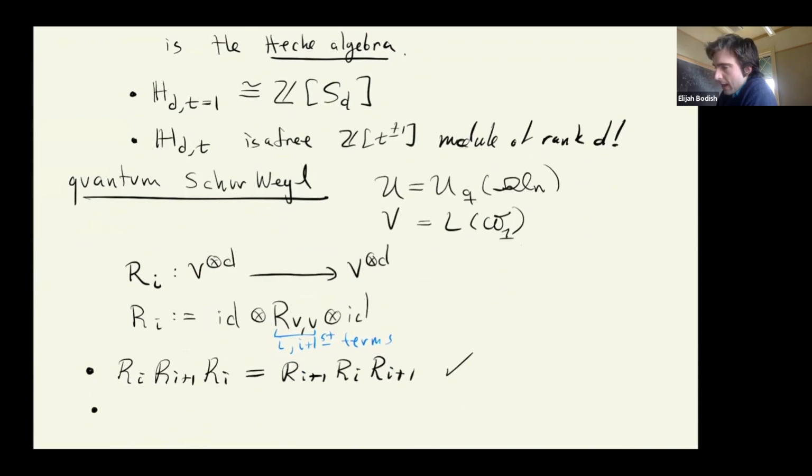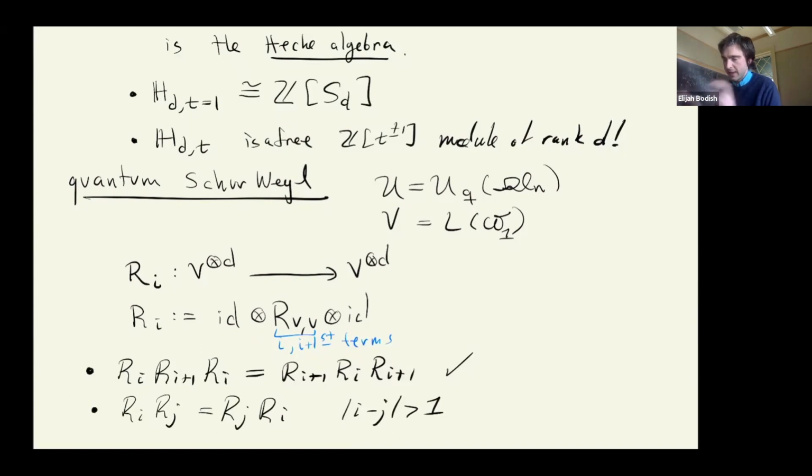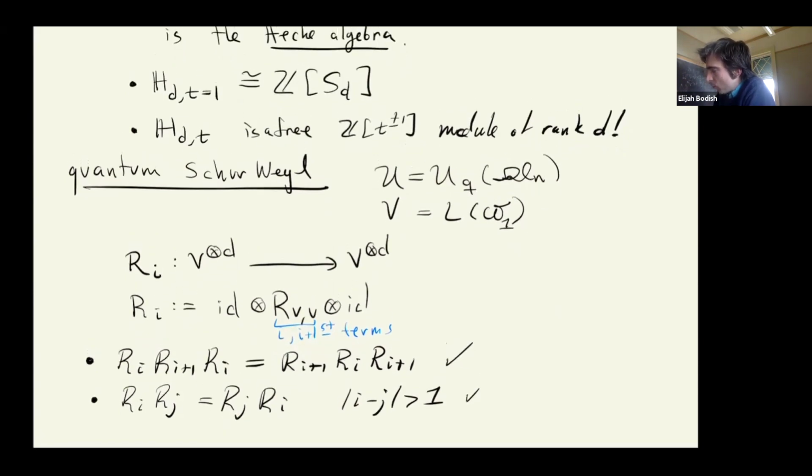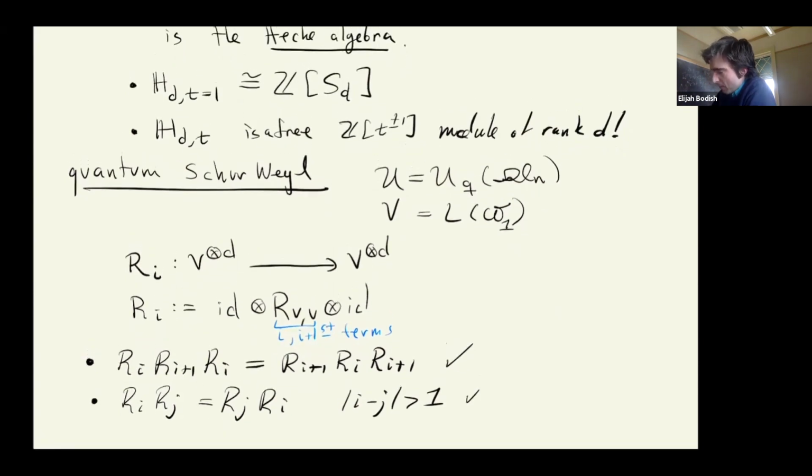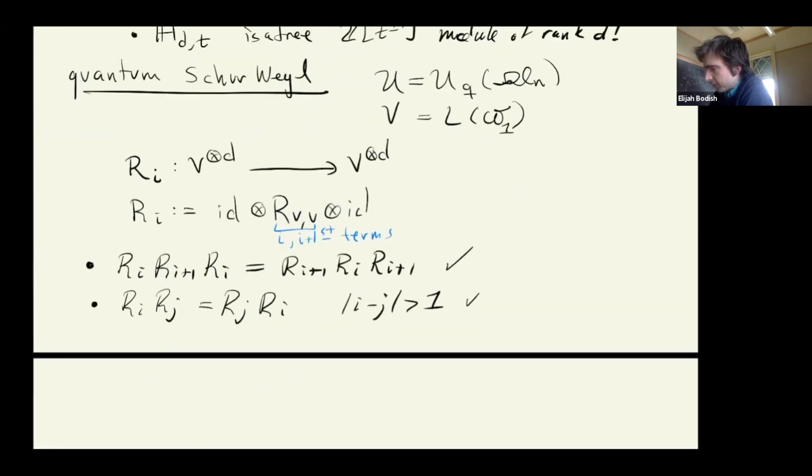We also know that R_i R_j is equal to R_j R_i whenever i minus j has absolute value greater than or equal to 2. If the R_i and R_j are acting on distant tensor factors, then the action just commutes.